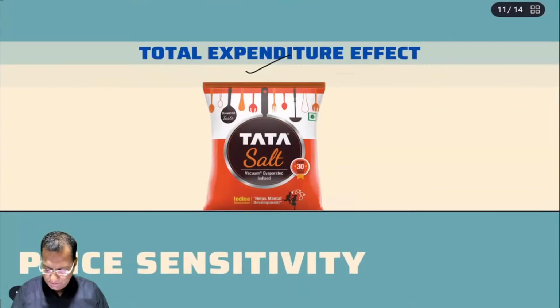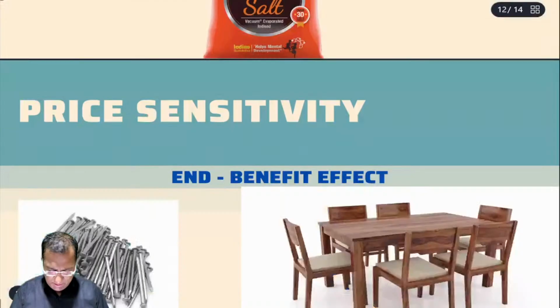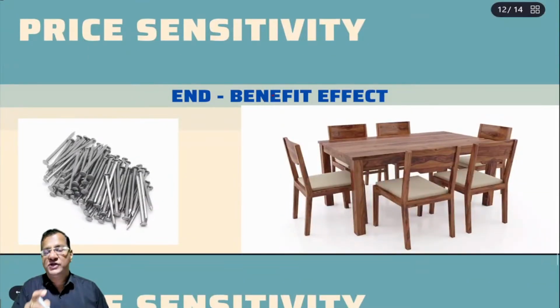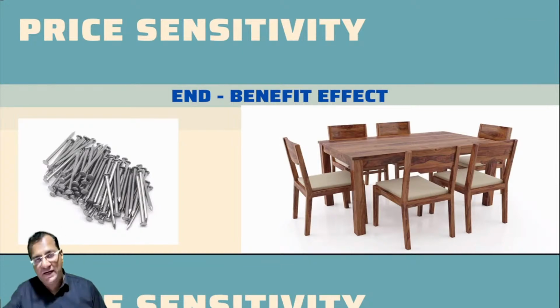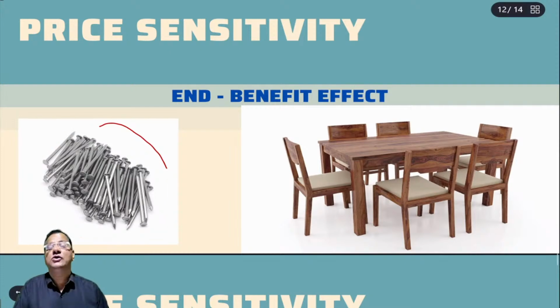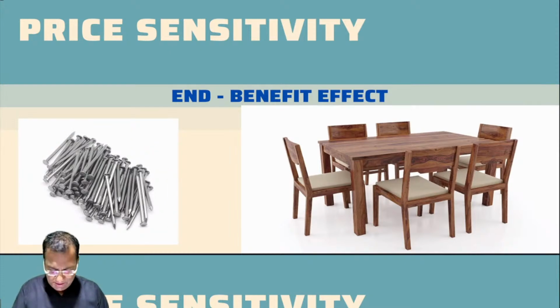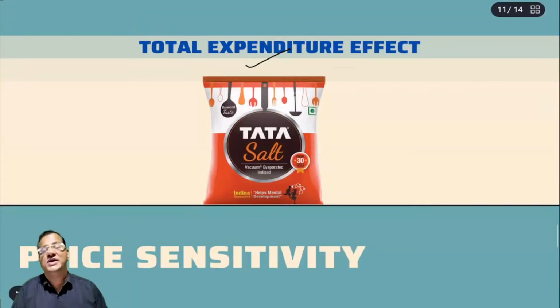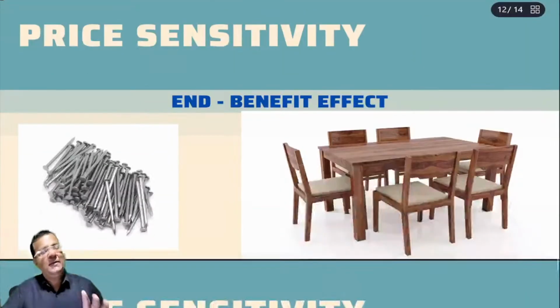Here the product I am selling is to a non-corporate customer. While in this point, end benefit effect, Mr. Nagle has linked it with the corporate customer. If I am producing a product that is being used by the corporate, okay, then this point is there. If the same nails are used by the household, then definitely this will be their total expenditure effect. So almost 99.99% they are similar, total expenditure effect and end benefit effect.